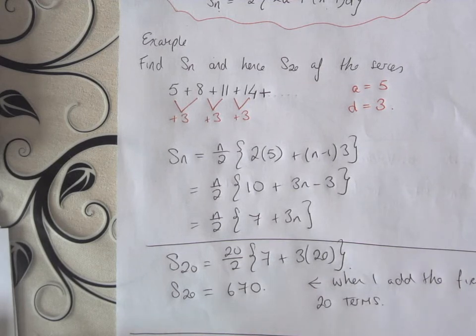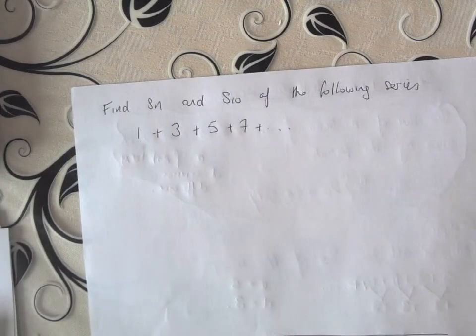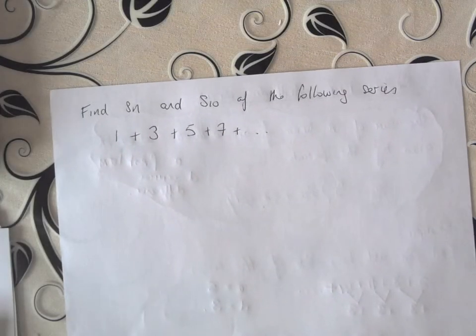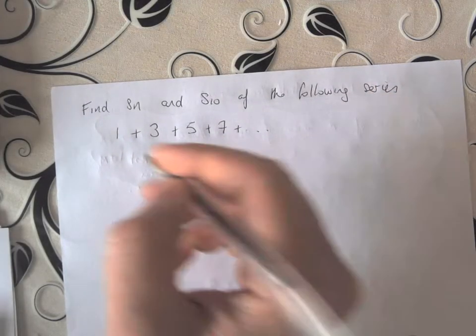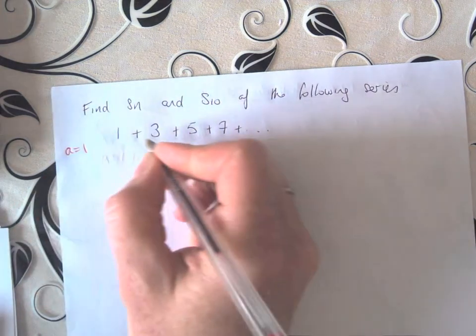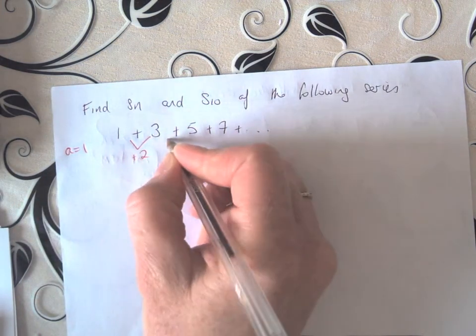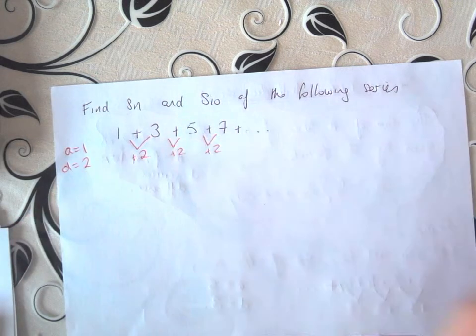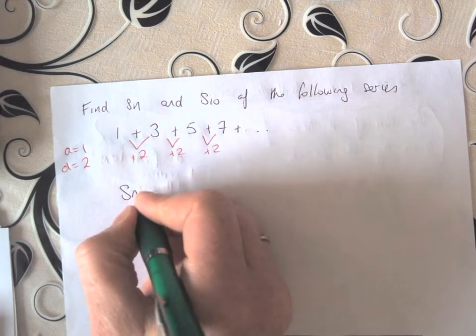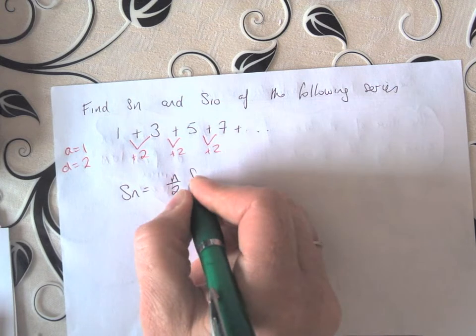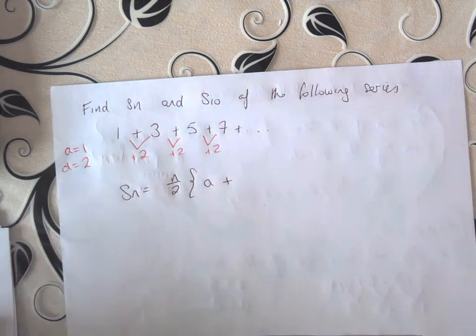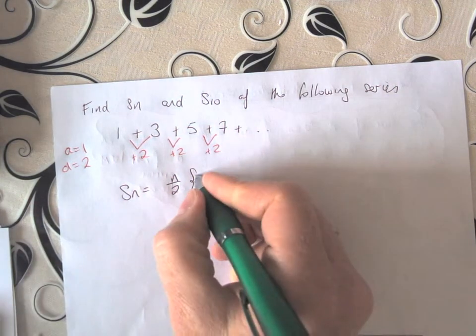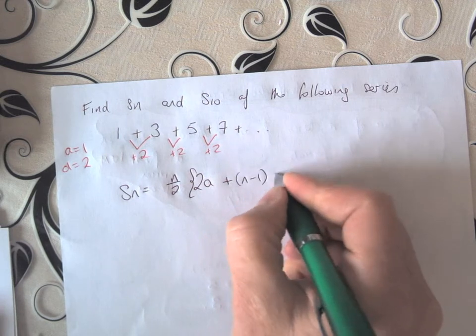Alright, so we'll try another example. Find Sn and S10 of the following series. So again, A is 1. What am I doing? I'm adding 2. So D is 2. So Sn is equal to n over 2, 2a plus n minus 1 times d.